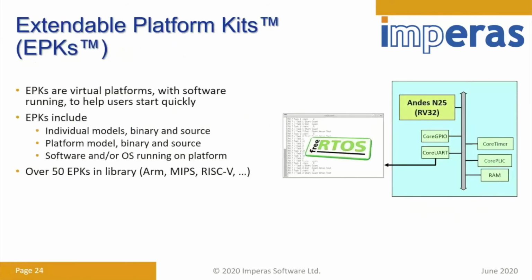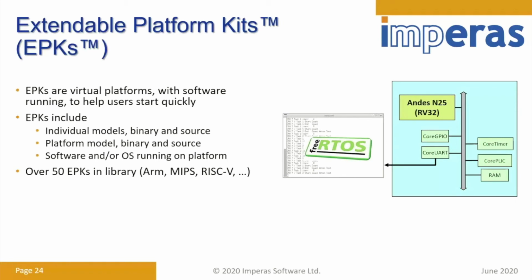In addition to modeling the cores themselves, we also provide platform kits, and what an extendable platform kit does is give you a basic starting block for your design, including the processor and the basic peripherals, as we see here.